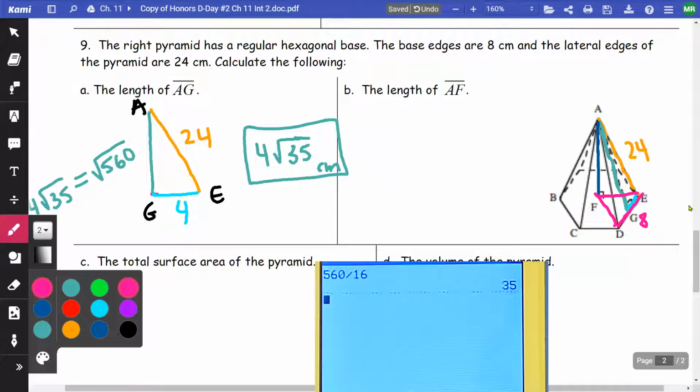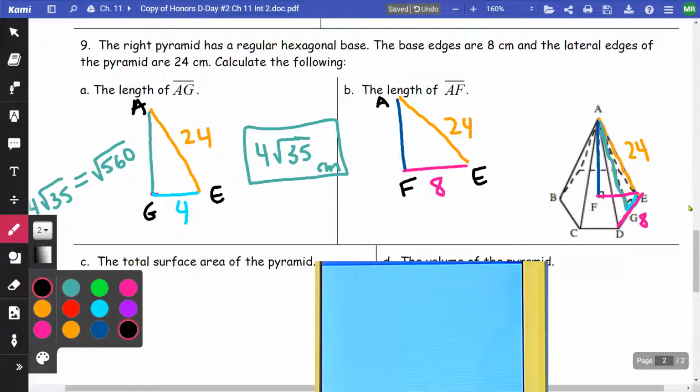So that is 8 on every portion of that triangle that I just drew. So I'm going to have a new right triangle with an 8 here, trying to find this, and I'm going to use the 24 again. And this is A, F, E.